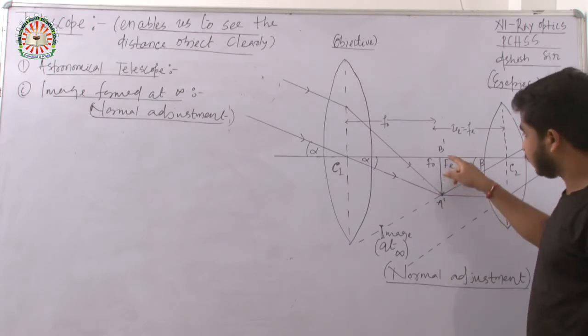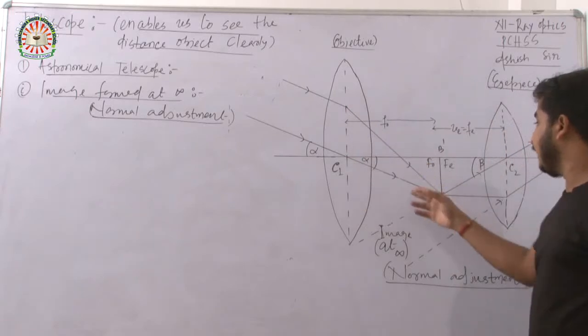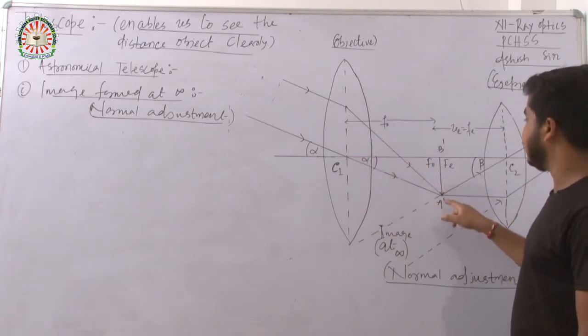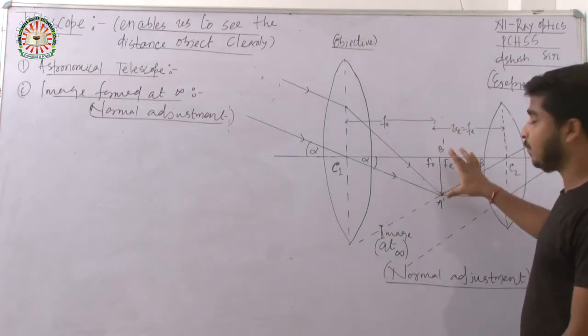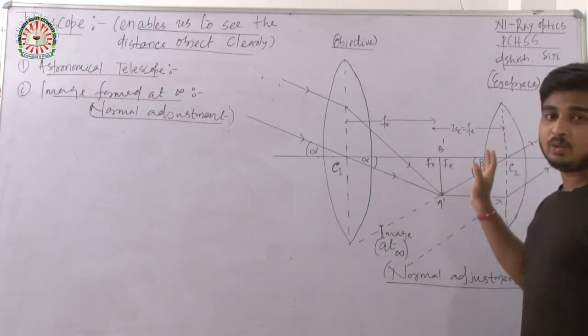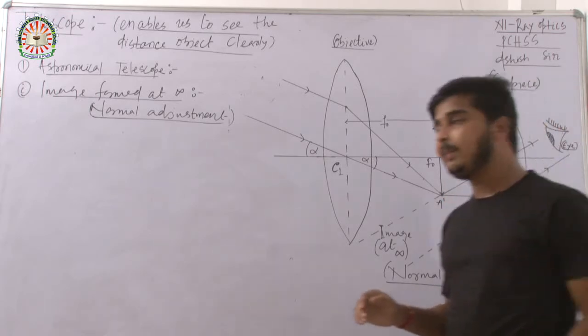So this is the basic principle. An object is at infinity, rays of light come, and after refraction they meet at A dash, and an image A dash B dash of the object at infinity is formed. Now we know that we have rack and pinion adjustment. So that part we have done.